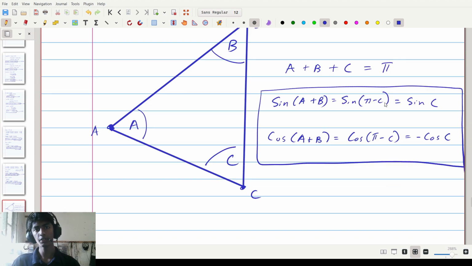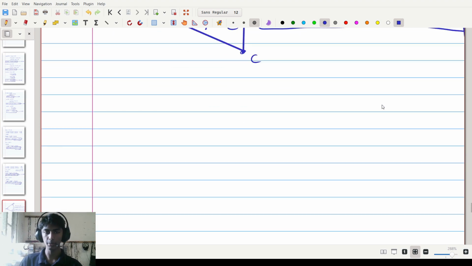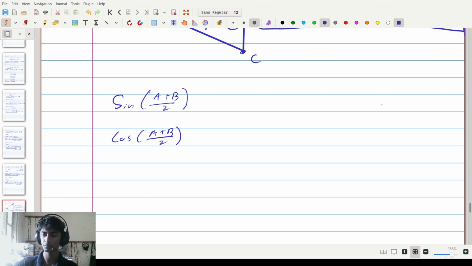So another identity that we have for triangles is this other one, which is what we get when we consider the sine of the sum of two angles within the triangle A plus B, but then divide by 2. And similarly the cosine of any two angles within the triangle summed together, divided by 2.